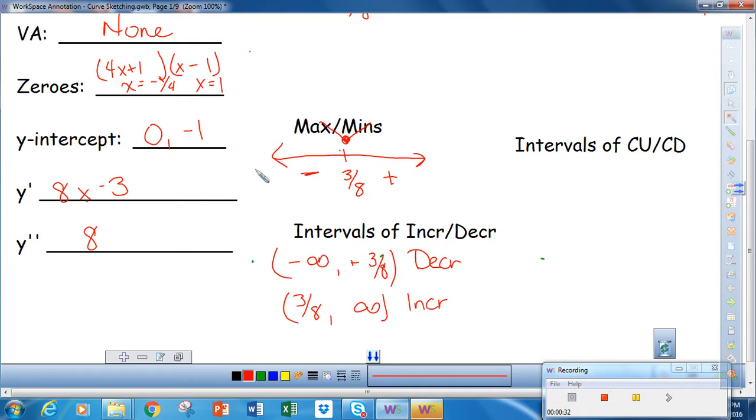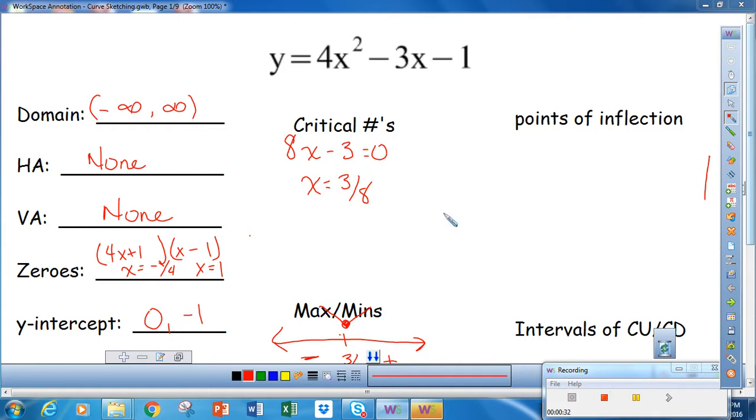To find that minimum, we would put 3/8 back into the original equation. So this would be 4 times 3/8 squared minus 3 times 3/8 minus 1. I don't think I got a value for that, but you could use your calculator to figure out what that is.